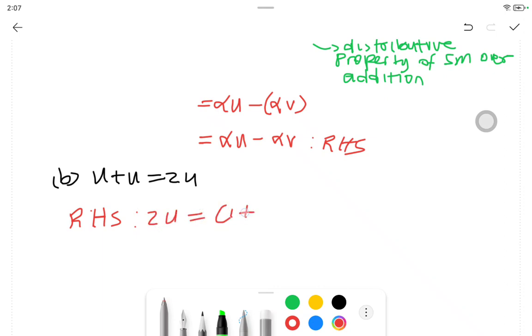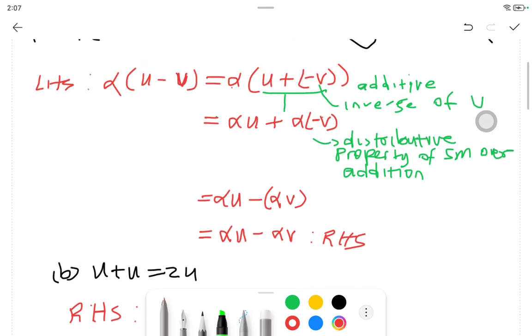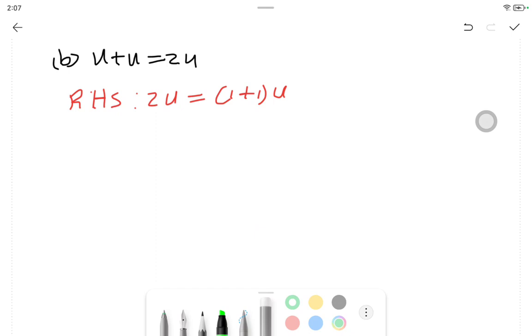It's simple to change this to 1 plus 1. I put a vector there. Remember, there's that property again that says that if I have two scalars, alpha plus beta, I can distribute a vector from the right, and this will give us alpha u plus beta u. So this is the property that we're going to apply here.